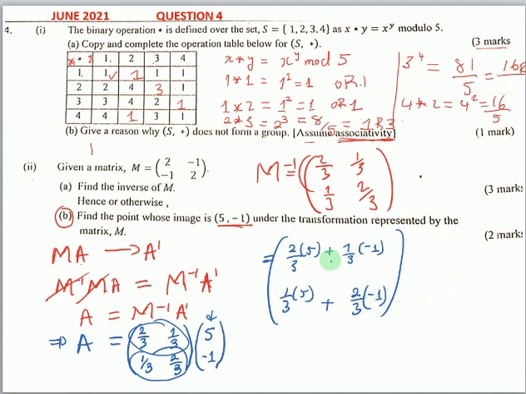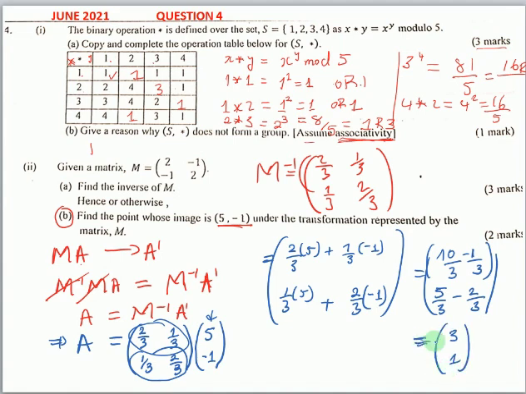If I do this correctly, I'm going to have 10 on 3 minus 1 on 3. And similarly, here I will have 5 on 3 minus 2 on 3. Since the denominators here are the same, we simply subtract the numerators. So it means we are going to have 9 on 3, which is the same as 3. And here we are going to have 3 on 3, which is the same as 1. So our point is 3, 1, which was transformed to 5, -1 by the matrix M.